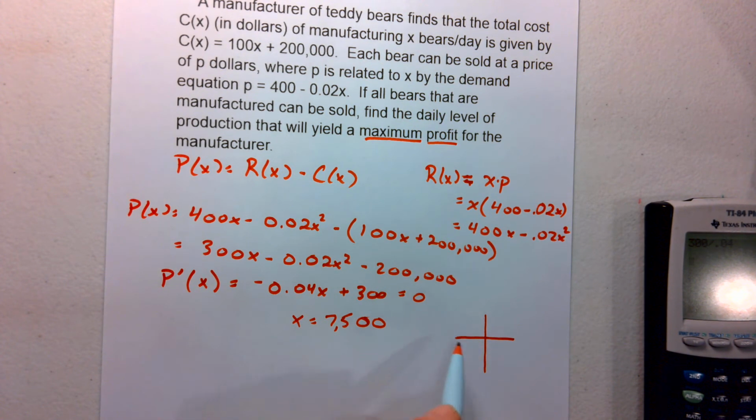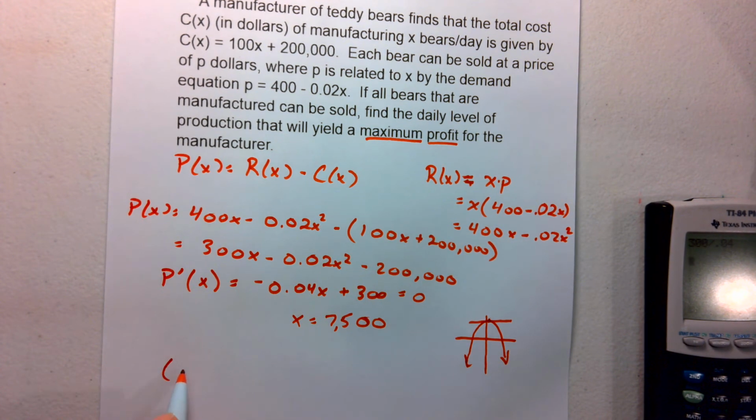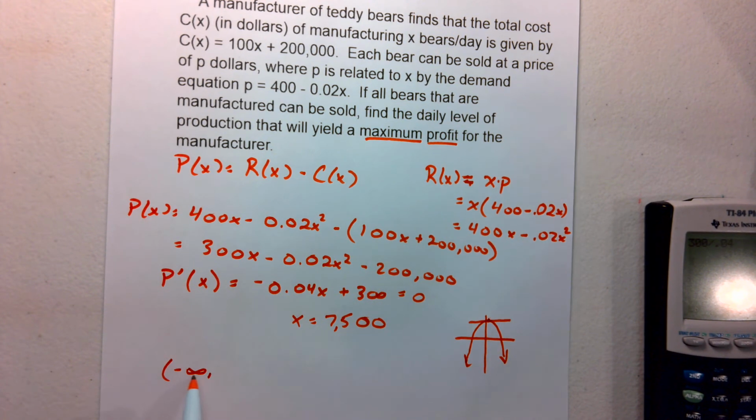Recall, in order to have a maximum, we have to have a function that is increasing and then turns decreasing. So at that point, we have to show that we have a positive slope to the left of it and a negative slope to the right. I can go back to my first derivative test. Actually, in this case we don't need to go to negative infinity, do we?